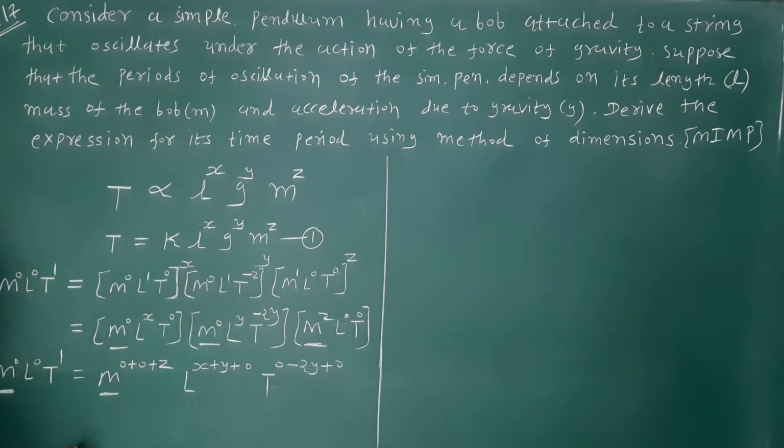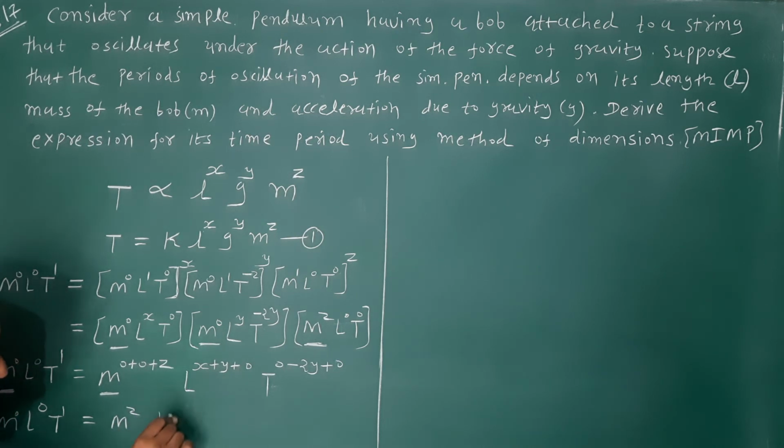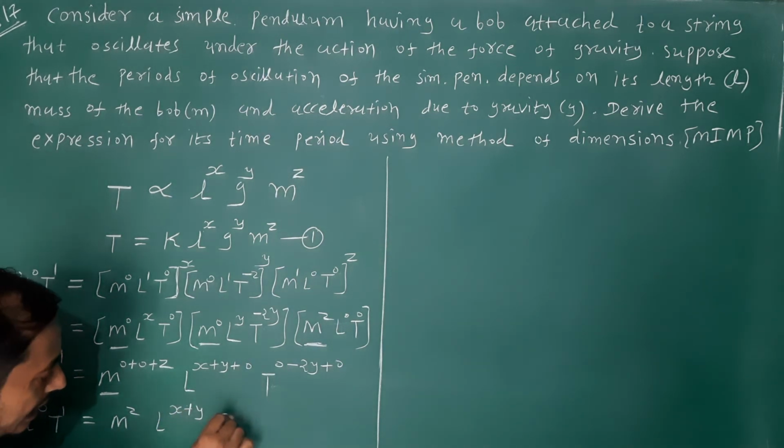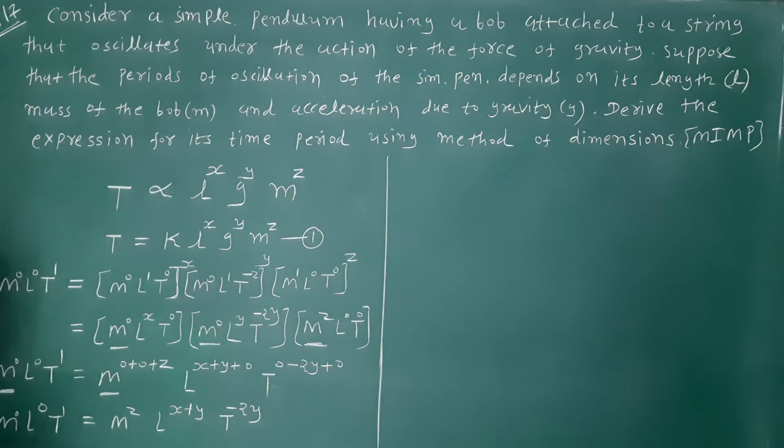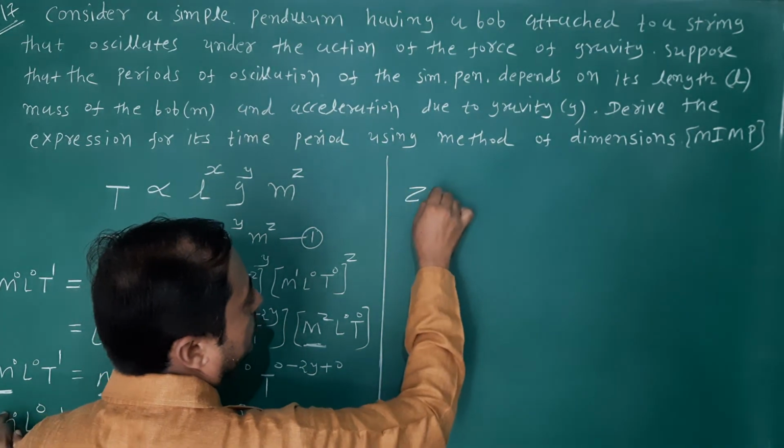Means here, first of all, we can write M0, L0, T1 equals M raised to z, L raised to x plus y, and T raised to minus 2y. So z is equal to 0, since the bases are the same so the powers are also the same.